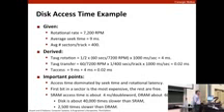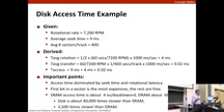Now, here's the important thing to know about disks. SRAM access time is about 4 nanoseconds to get a double word. DRAM is about 60 nanoseconds. So DRAM is about an order of magnitude slower than SRAM. But disk is about 40,000 times slower than SRAM.